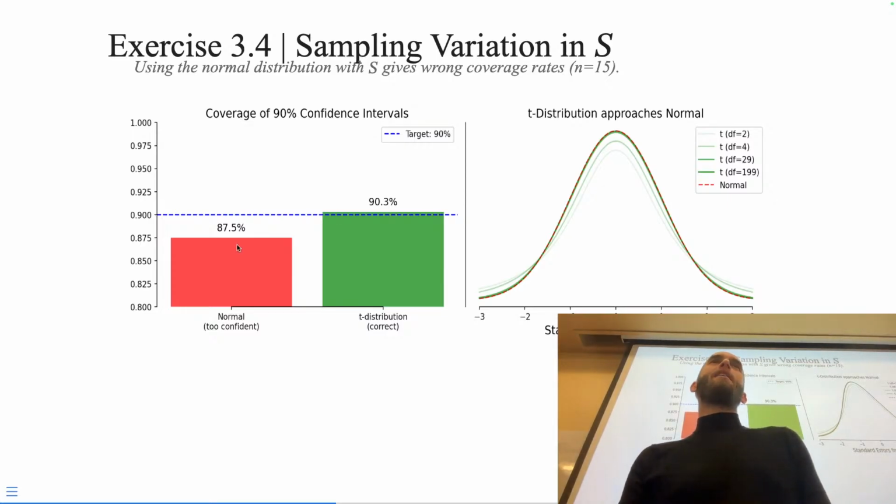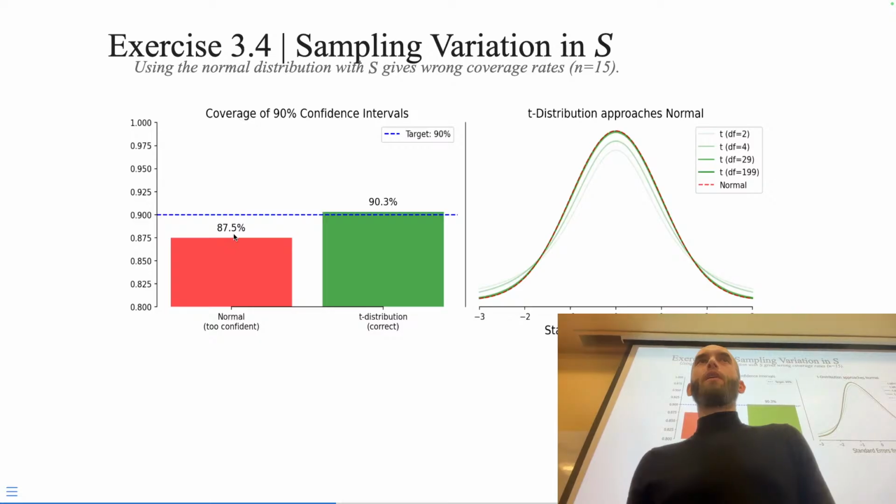It's not off by a lot, but it's off by enough that when we're trying to understand the truth, trying to estimate an unknown population parameter, being off by 2.5% can truly matter.